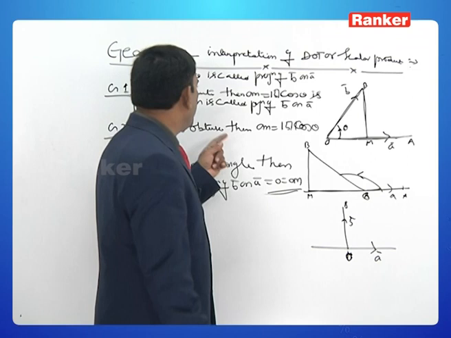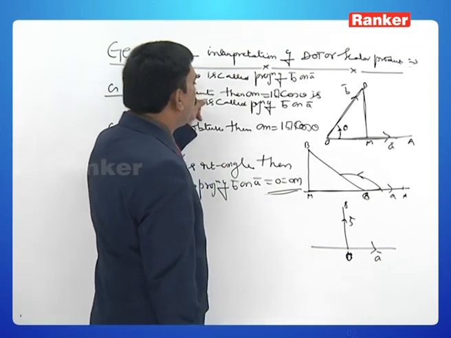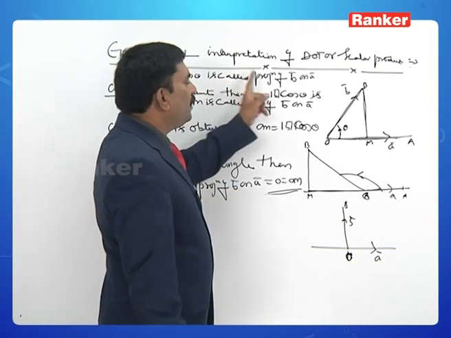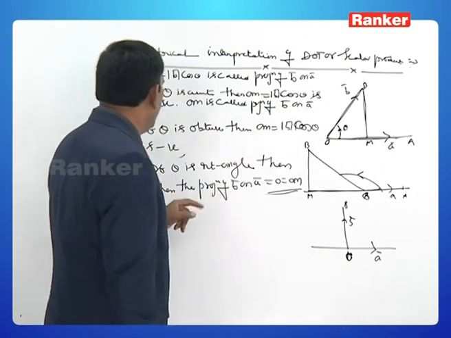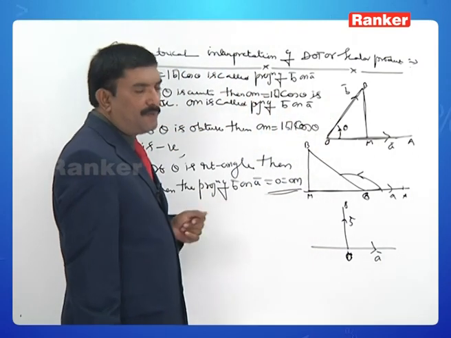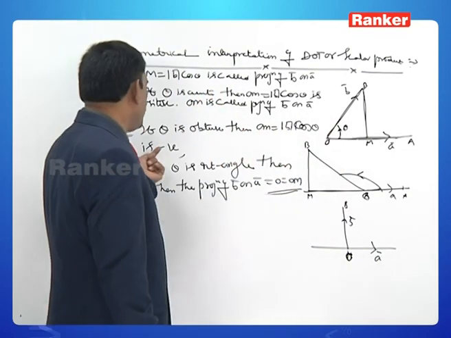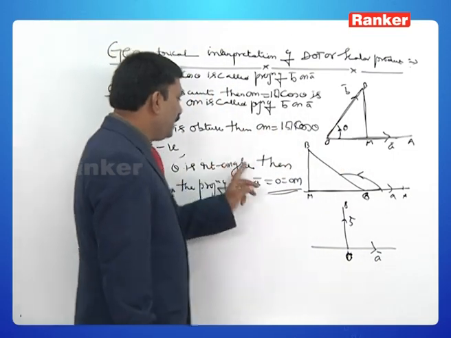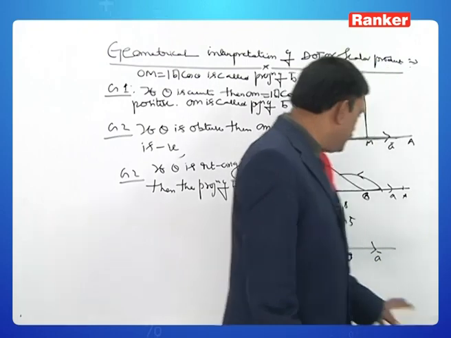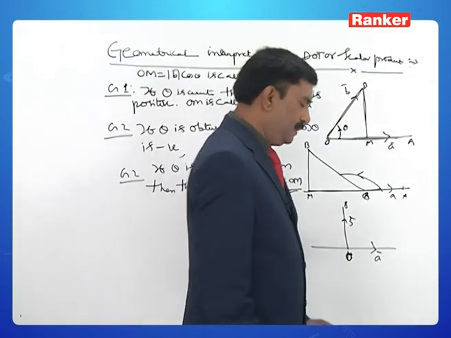Since OM is equal to mod B into cos theta, it is called projection of B bar on A bar. If theta is acute, the projection is positive. If obtuse, negative. If right angle, the projection is 0.